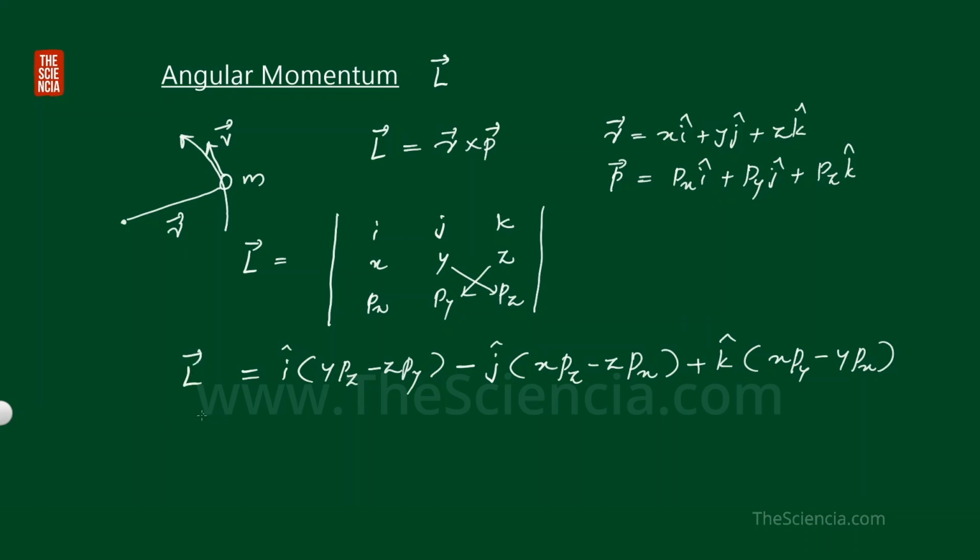And we know the L vector can be represented as i cap Lx plus j cap Ly plus k cap Lz. So we can compare the coefficients of i cap, j cap and k cap, and they will be equal.